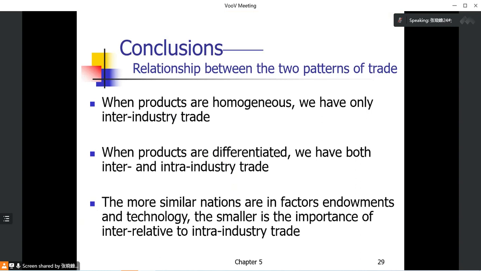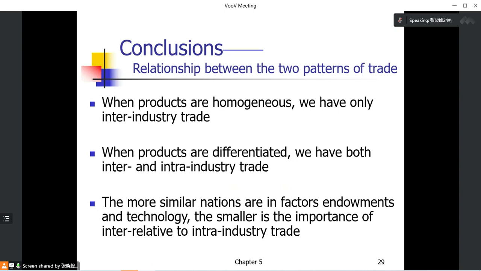When products are differentiated, we have both inter- and intra-industry trade.